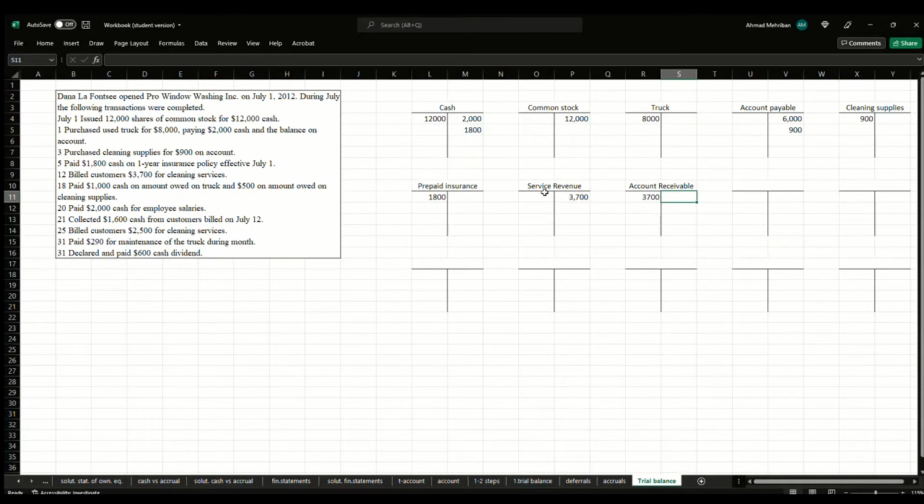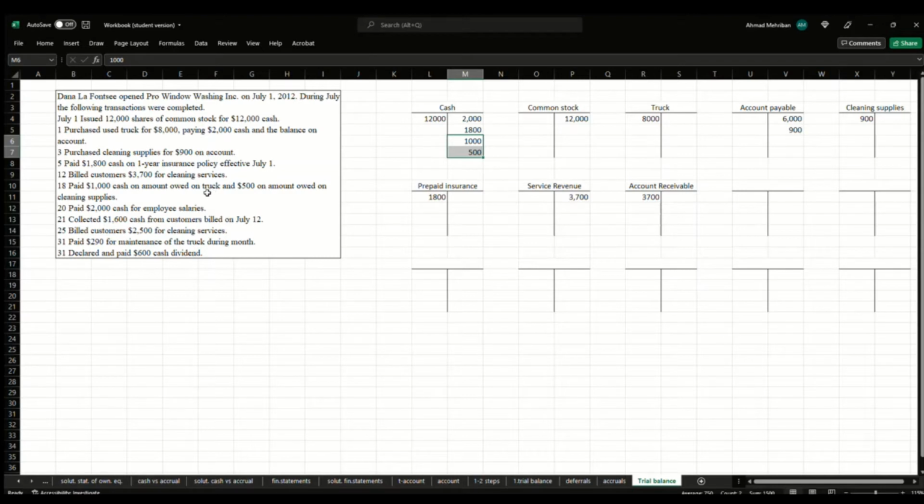We paid 1,000 cash on amount owed on truck, and 500 on amount owed on cleaning supplies. So we paid at one point 1,000 and we paid 500. So cash 1,000 and in another case 500 is out. Now where do we record this 1,500, the amount owed?